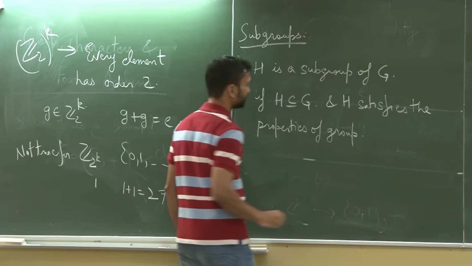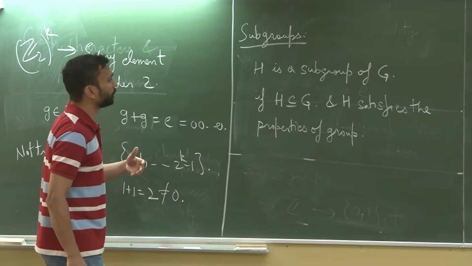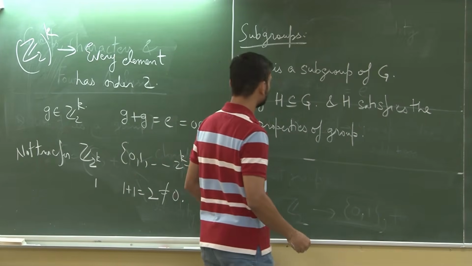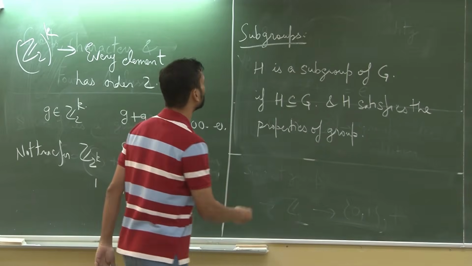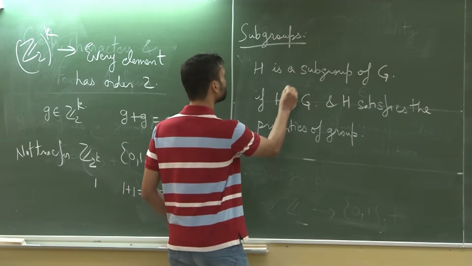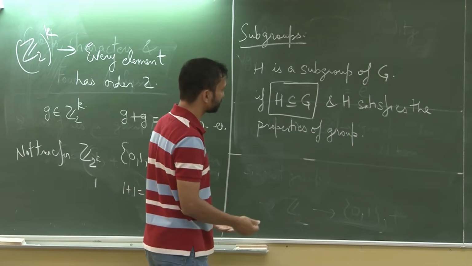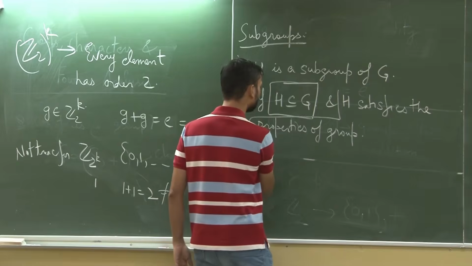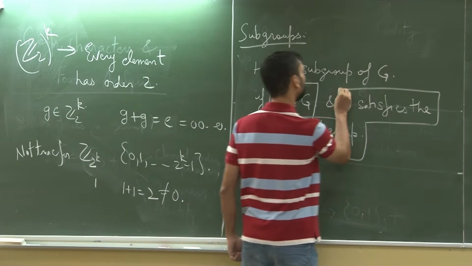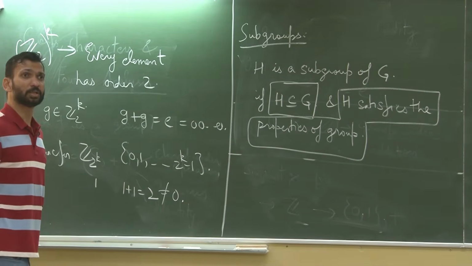The way to say this is that it's a group in itself. So that would be a subgroup. Two things: it should be a subset in the definition of a set, and it should be a group in itself. Then it is called a subgroup.